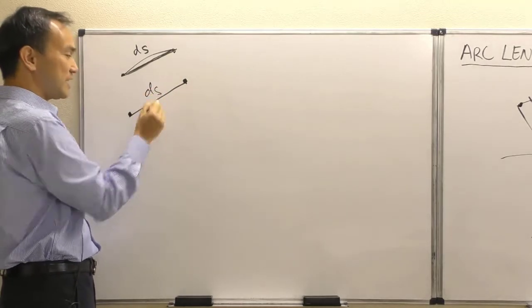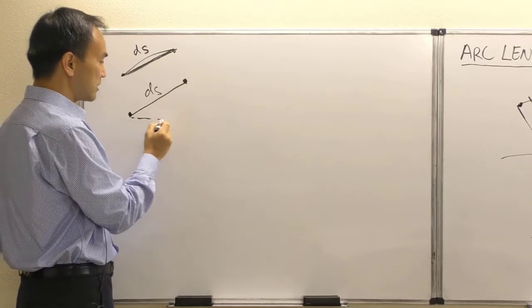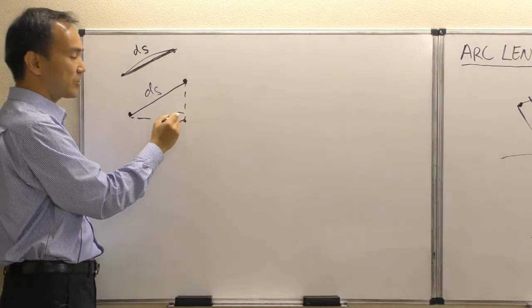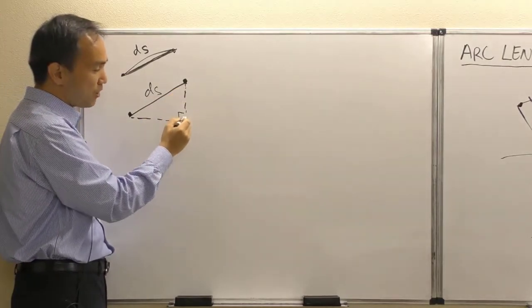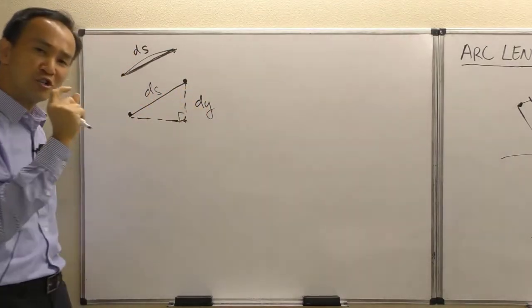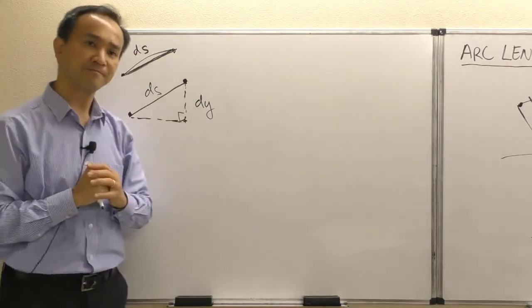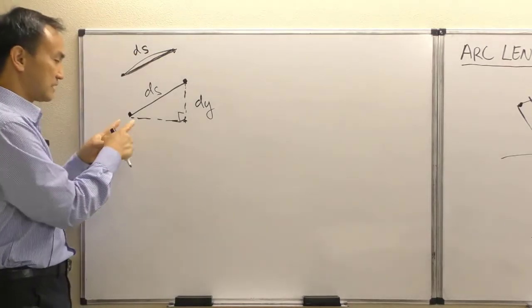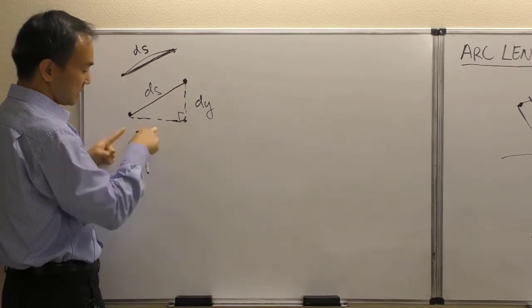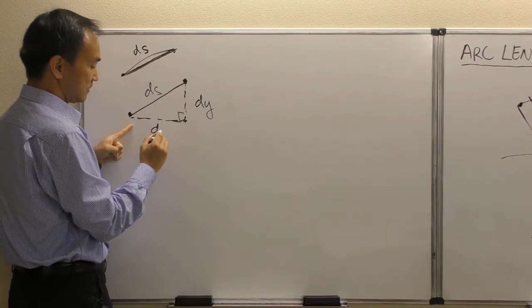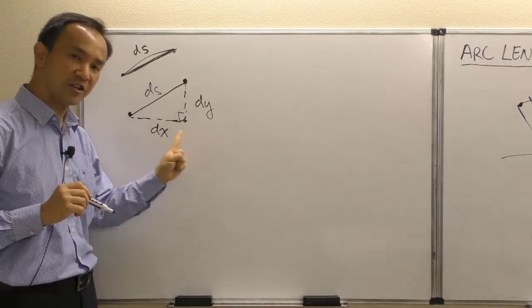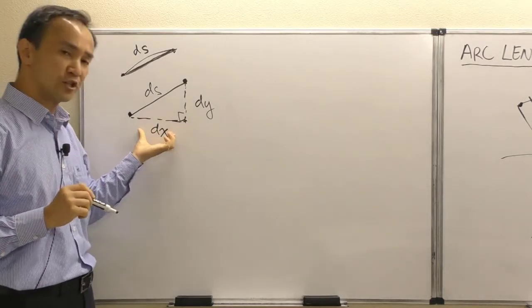So if this is the ds, then in a triangular setting, we can have a right triangle like that. This small distance is going to be our dy, the infinitesimally small change in the vertical coordinates. And in this right triangle, ds is the hypotenuse. This length right here is one of the two legs, and that is the infinitesimally small change in the x value, or the horizontal coordinates.